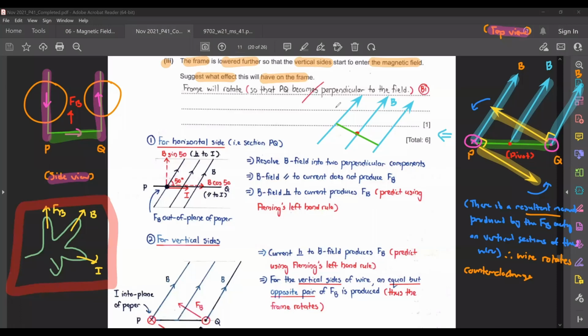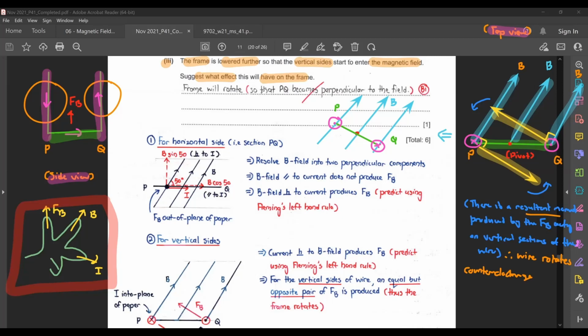This one is your wire PQ. If it continues to rotate counterclockwise from this initial direction indicated here, you will notice that your current over this side is coming out of the plane of the paper, and your current over this side is going into the plane of the paper.